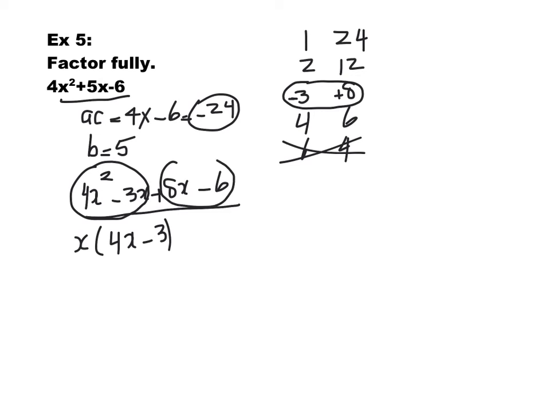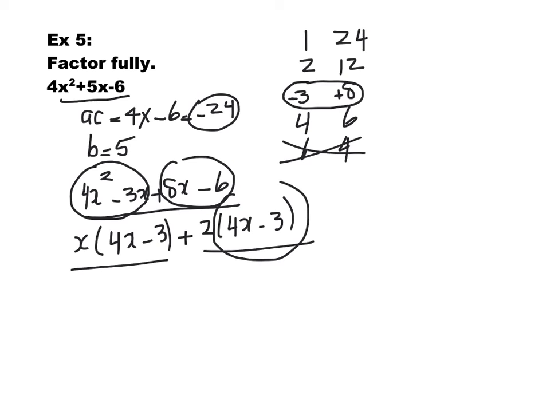and take the next two terms. Between 8x and negative 6, the common factor is going to be 2. So I take 2 out, I get 4x minus 3. Now look at these two terms. The common factor is 4x minus 3. Both of them have 4x minus 3. So I can take 4x minus 3 out.